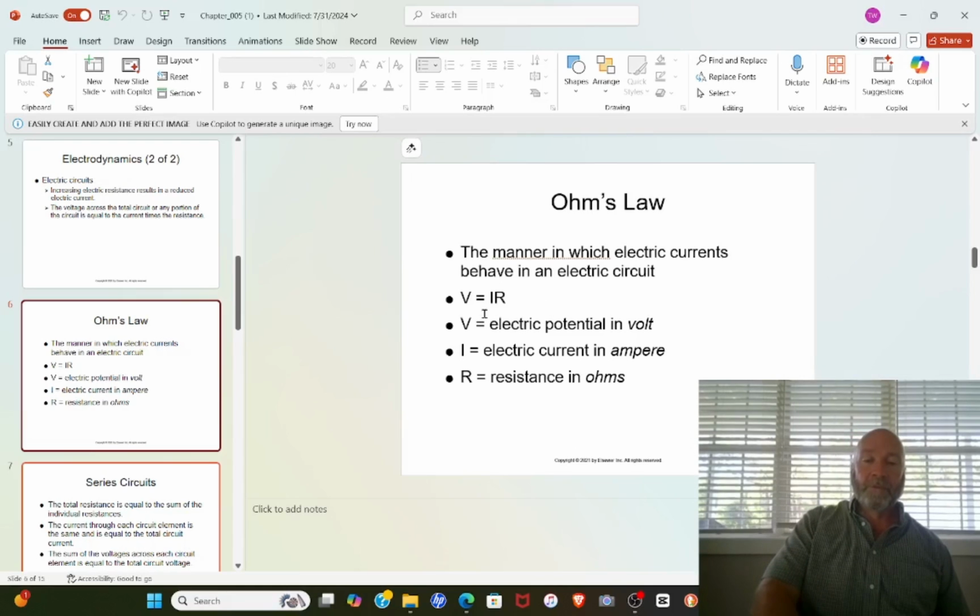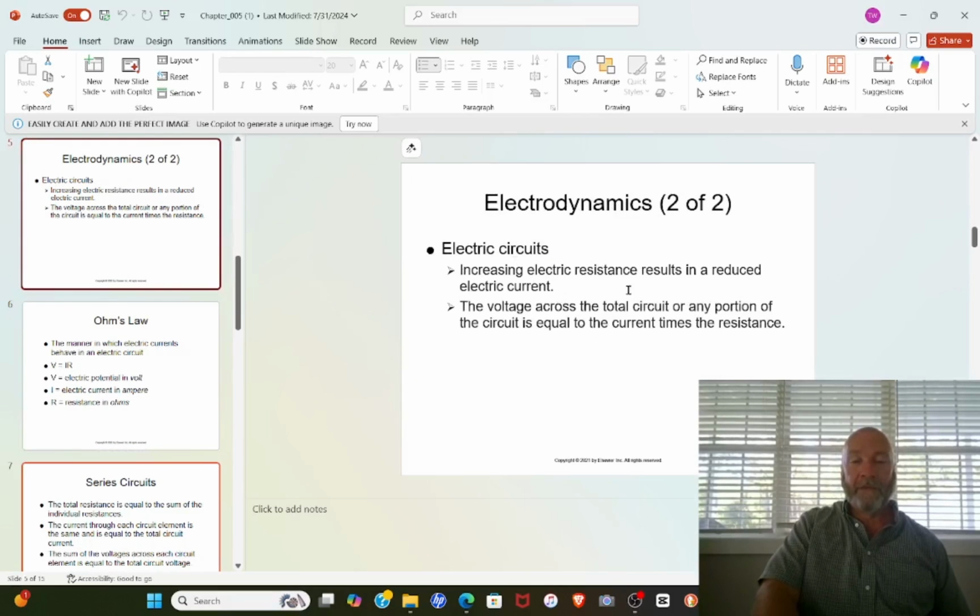So resistance is inherent in the conductor. The conductor can be a very good conductor, but it's still going to have some resistance. So voltage is equal to intensity times resistance, and if we have increased electric resistance, then we're going to have a reduction in electric current.